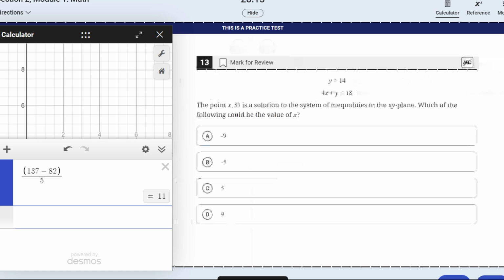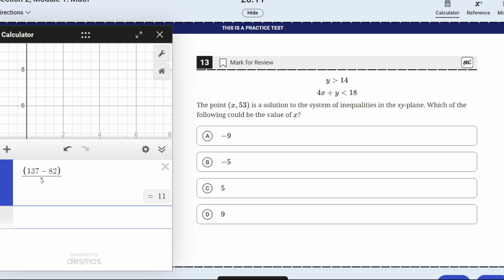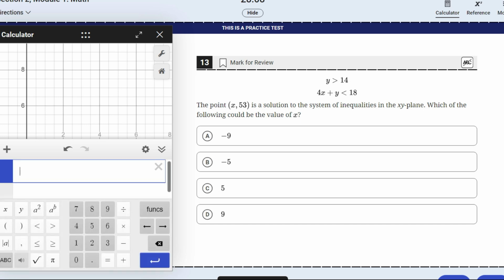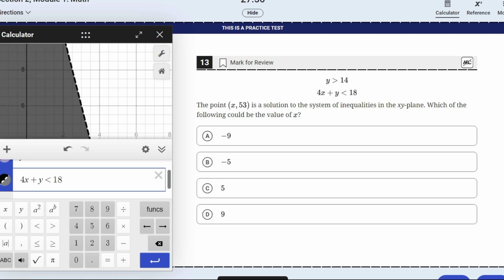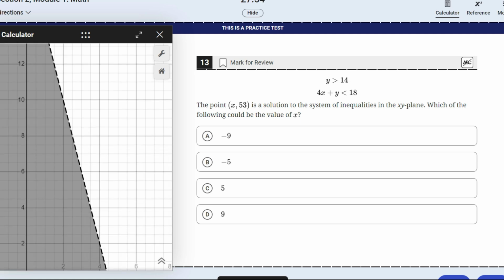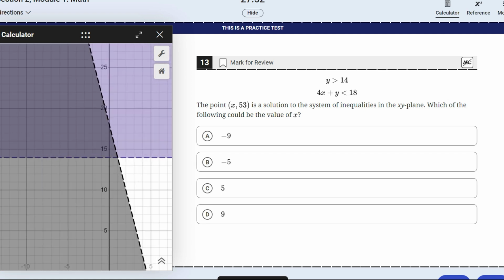Next one, we have a system of inequalities. Again, the system I pretty much never solve manually. I always use Desmos for that. So first I'm going to enter these inequalities, and I have to look at the overlapping region.